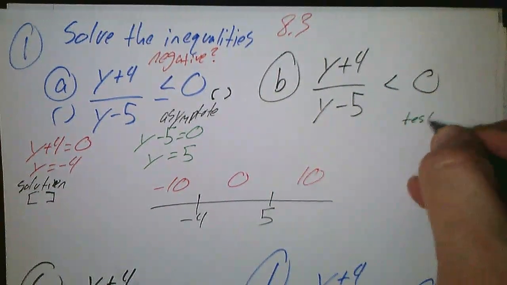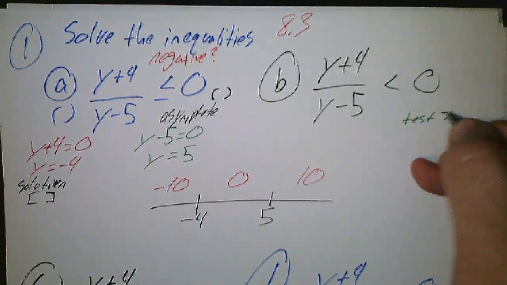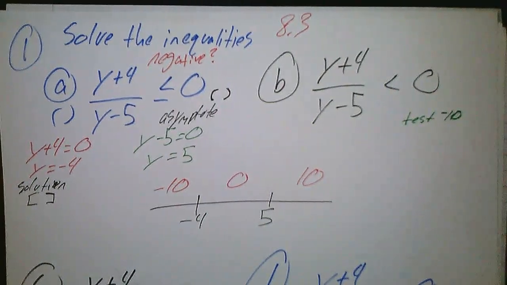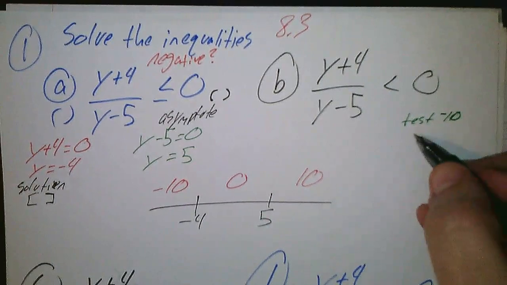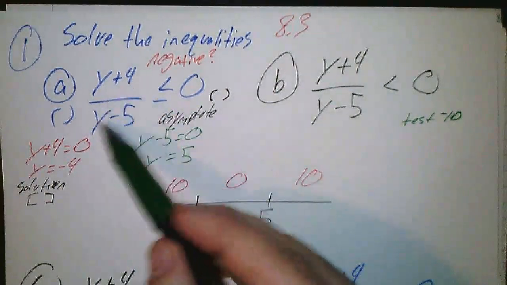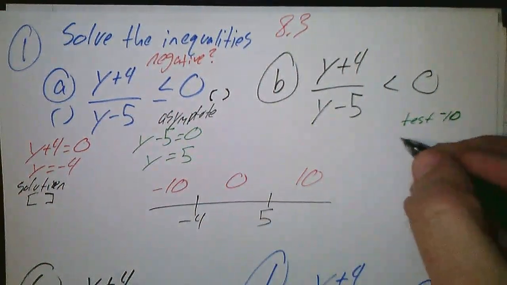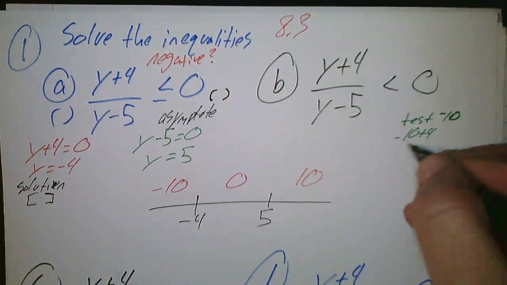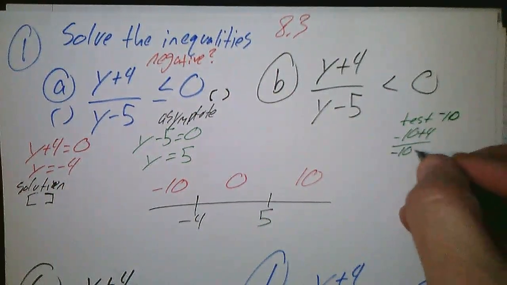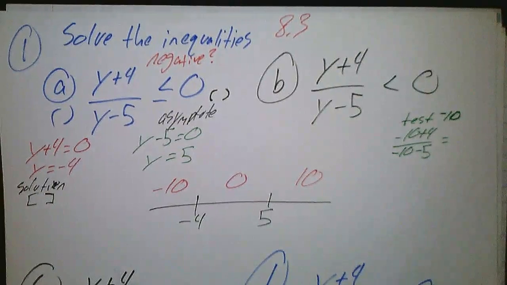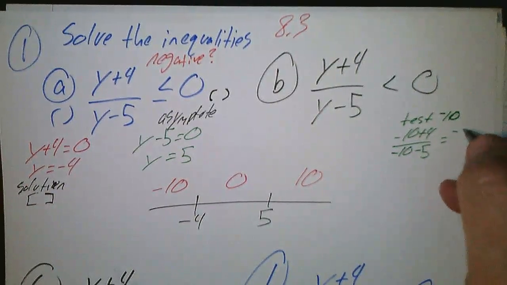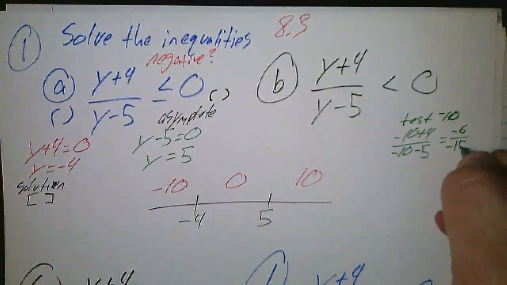Let's test -10, meaning we plug it into the rational function here. -10 plus 4 over -10 minus 5 gives us -6 over -15.